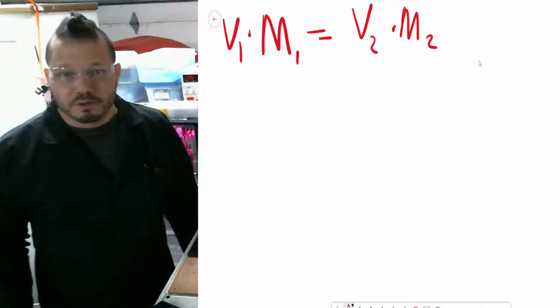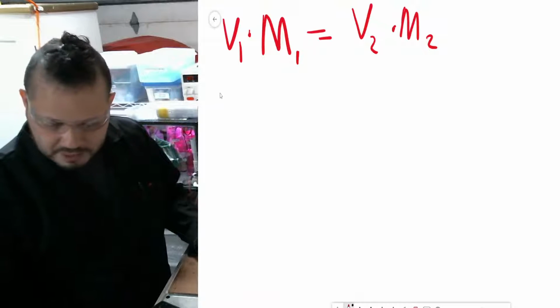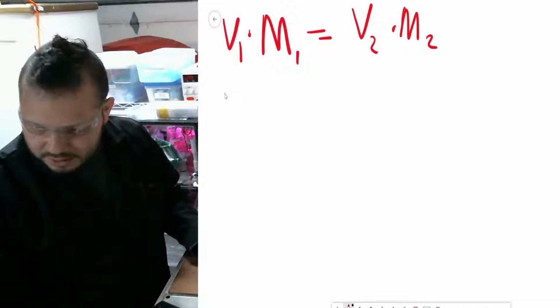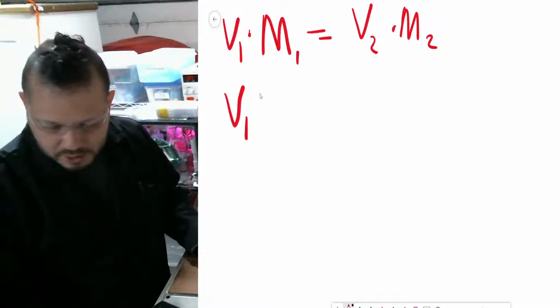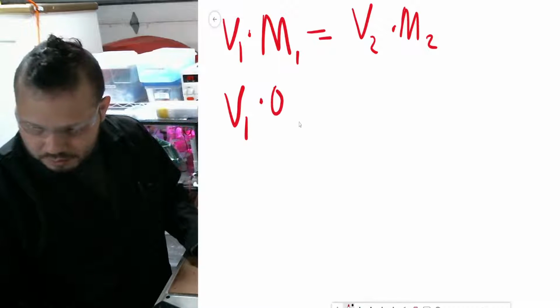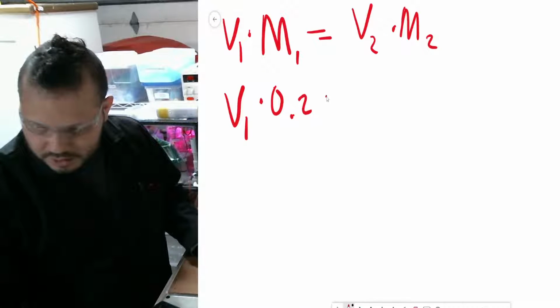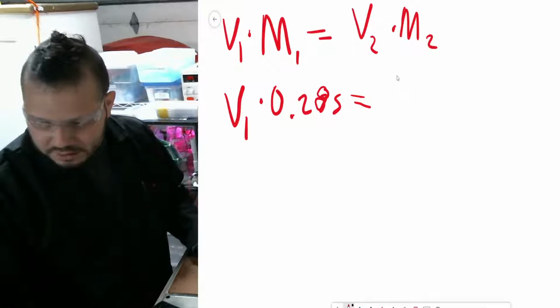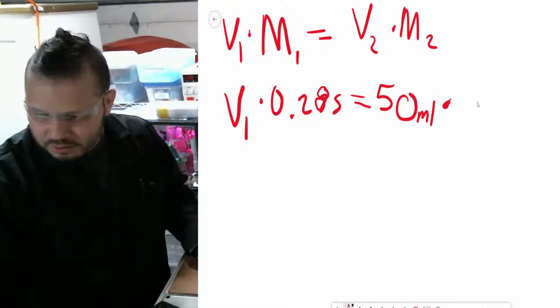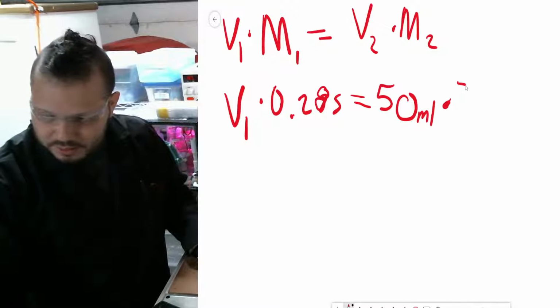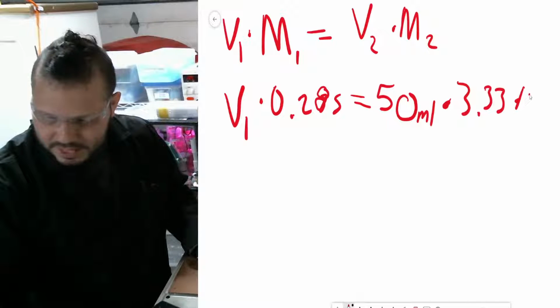So what I'm going to do is replace the variables. V1 is the unknown right now, so we'll keep that down there. M1 is 0.285, and then V2 is 50 milliliters. The desired molarity is 3.33 times 10 to the negative 3.